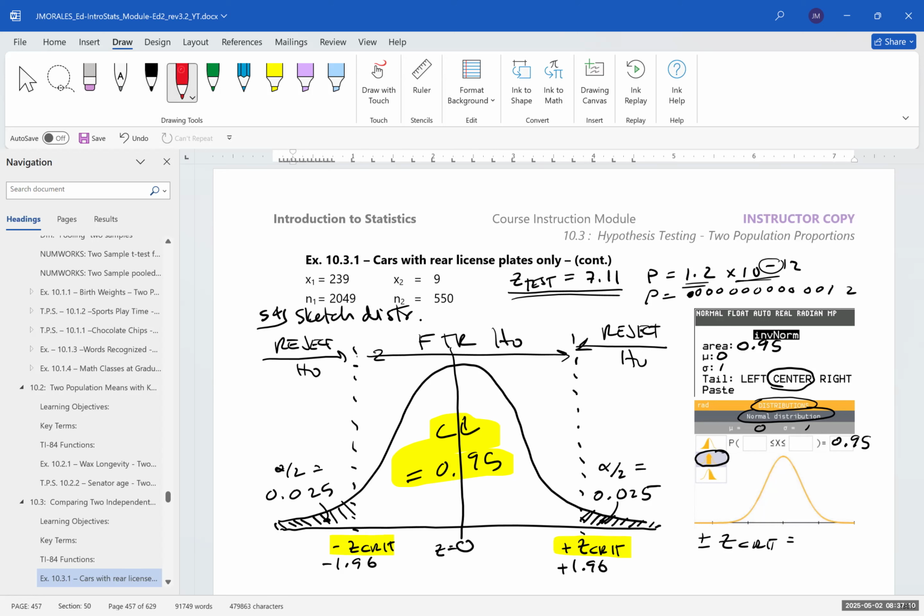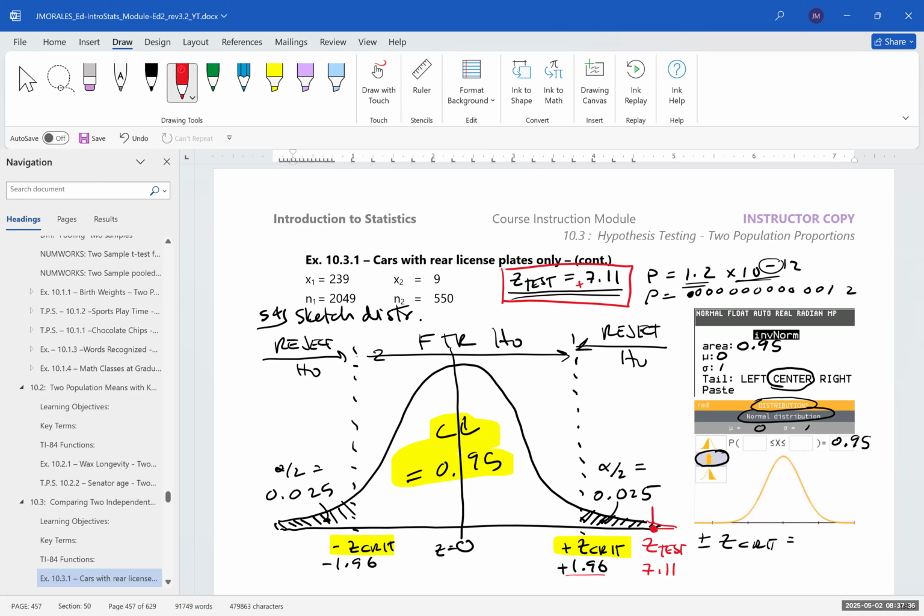So where is our test statistic on this scale? Well, a value of 7, positive 7, I might add, is to the right of 1.96. So, I'm just going to draw the test statistic here to the right of the critical value, and that's 7.11.